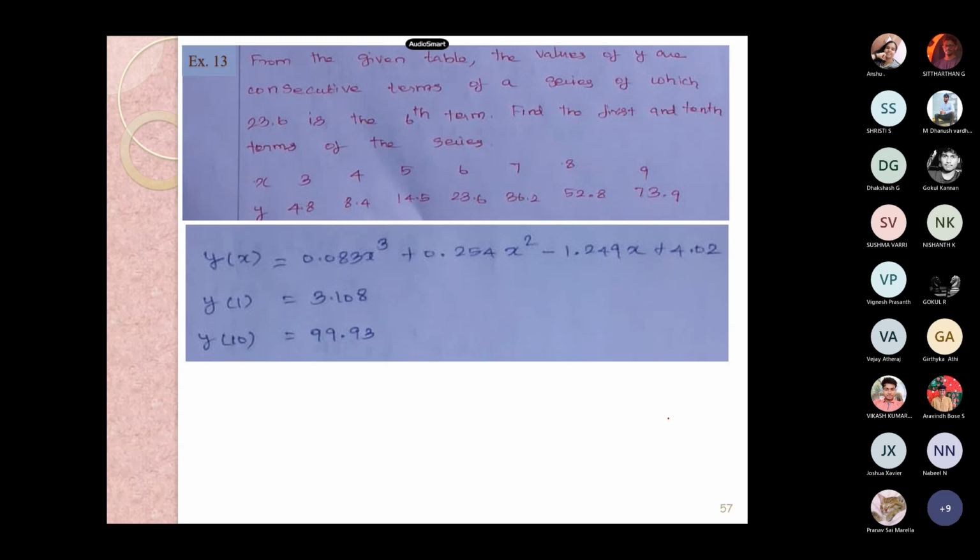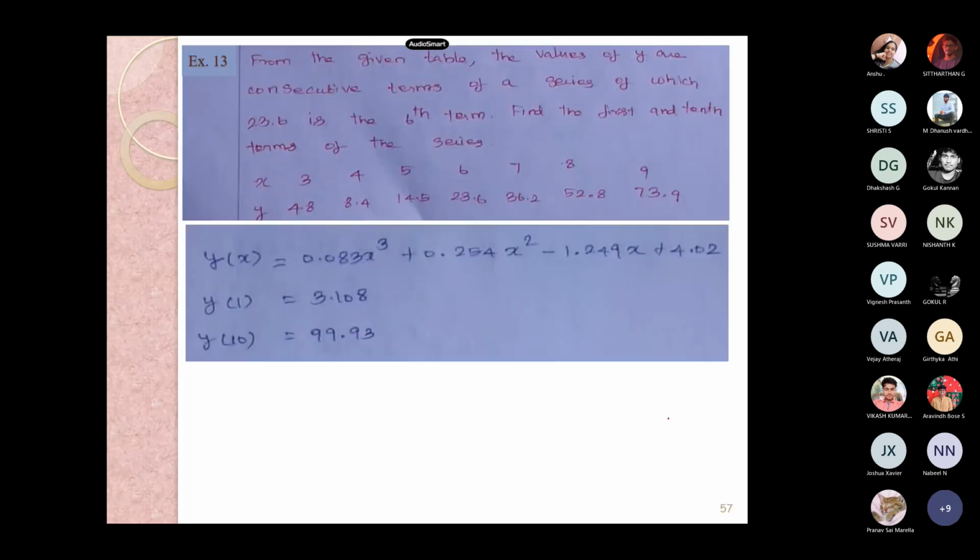Here for 1 it is 3.108, for 10 it is 99.93. So we need to begin with numerical differentiation. Any clarification? You try to find this cubic equation, and please cross-check with these two results. Any doubts?